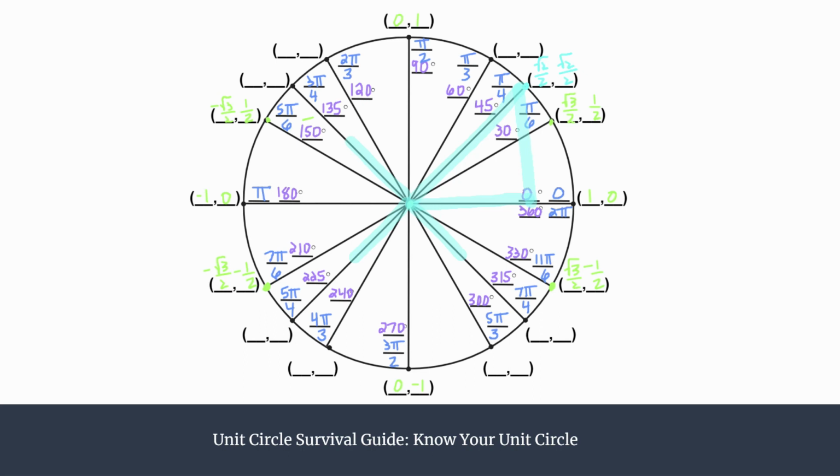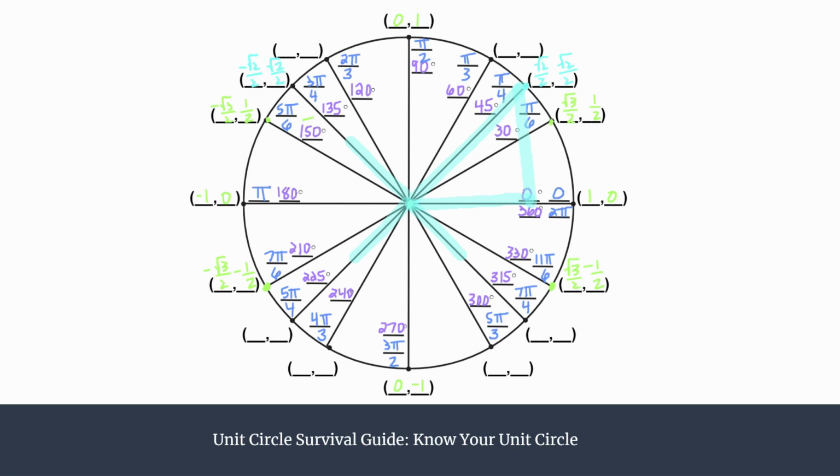Okay, so now that we've found the coordinates for our pi over 4 angle, we have found the coordinates for all the reference angles that are pi over 4, and we just need to adjust the signs. So for our second quadrant angle, we went in the negative direction horizontally, but those side lengths of the triangle stay the same. So our x-coordinate is negative.